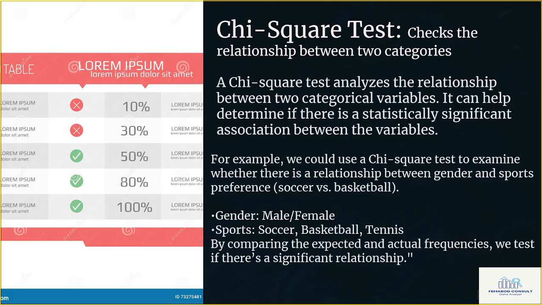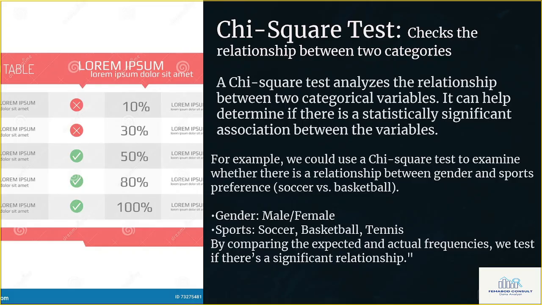So when you collect your data, you can ask them to fill in the gender, and then they will fill in the part where they choose the type of sport they are interested in. You can control the experiment by limiting the number of sports you want to include.